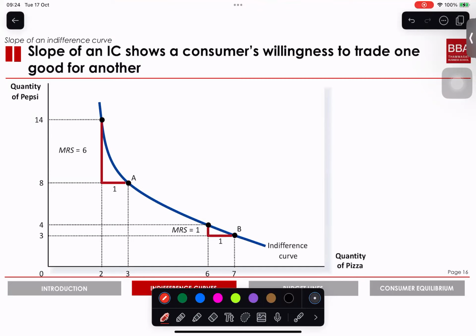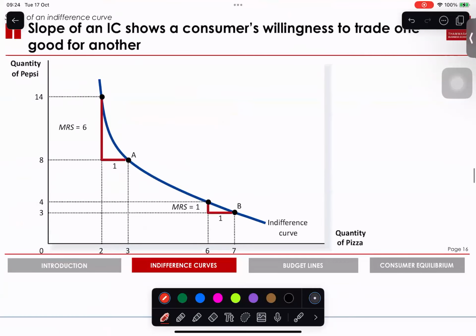As your friend reminds you, an indifferent curve is just a collection of baskets that generate the same satisfaction level. Let me modify this picture first. Let's call this basket A, basket B, basket C, basket D. Can you identify the amount of the two goods in each basket by yourself first?